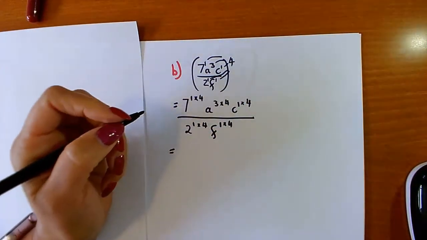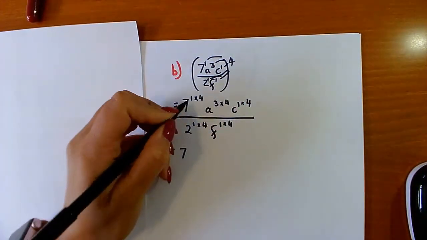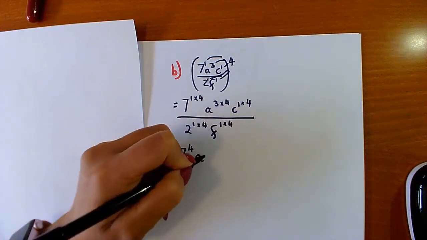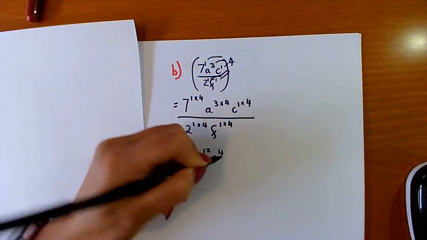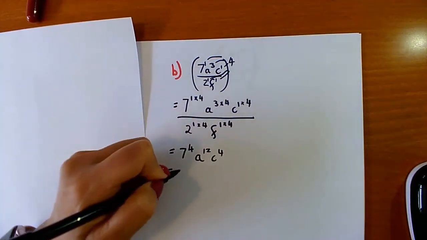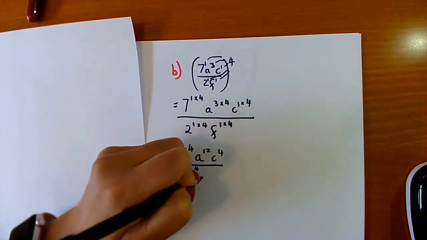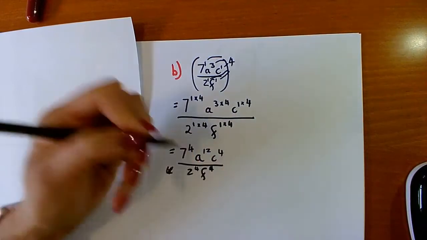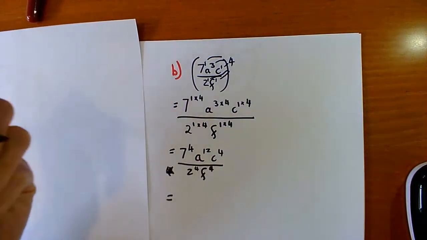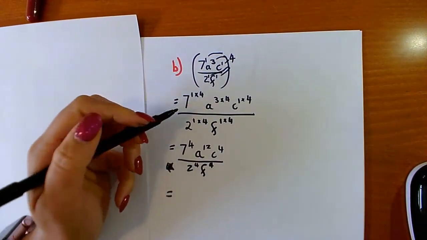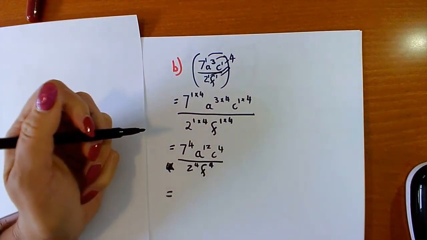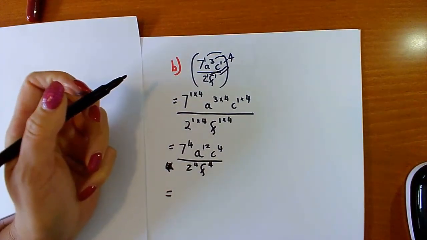We can go and calculate our powers. So 7 to the power of 4, a to the power of 12, c to the power of 4, over 2 to the power of 4, not finished, f to the power of 4. Now we can continue on and try to simplify as much as possible where possible.